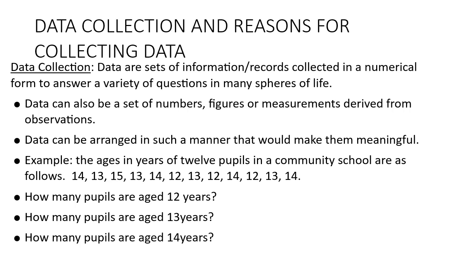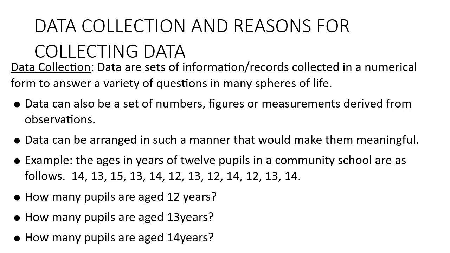What we mean there is the pupils that are exactly 12 years. Number 2 question, how many pupils are aged 13 years? Those that are exactly 13 years. Number 3 says, how many pupils are aged 14 years?